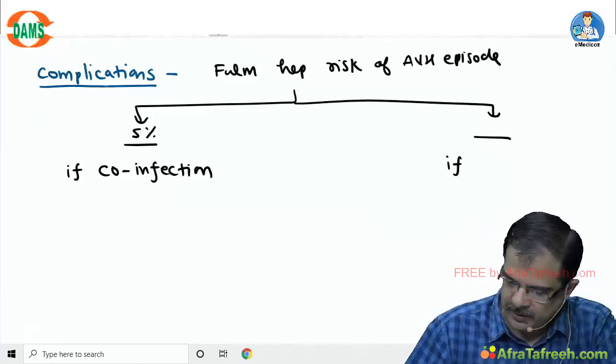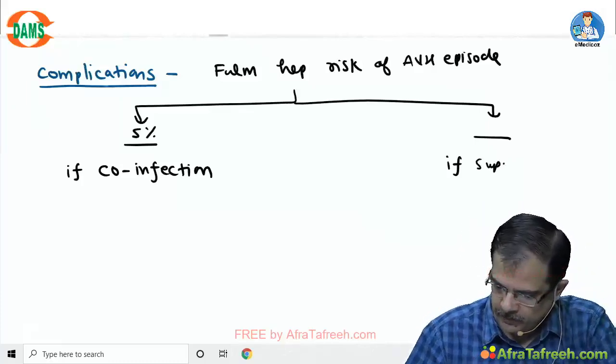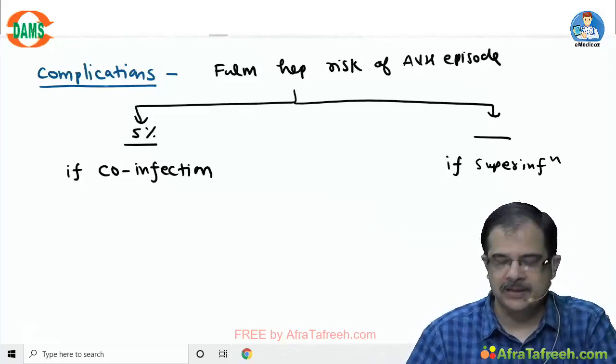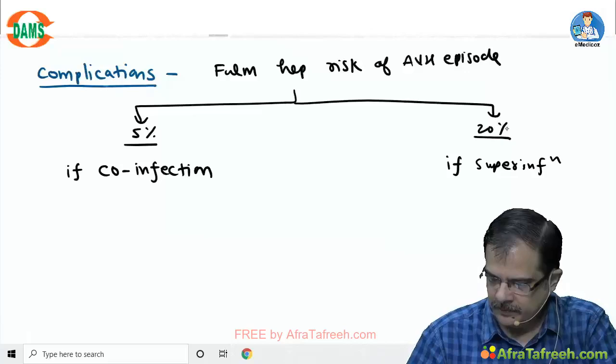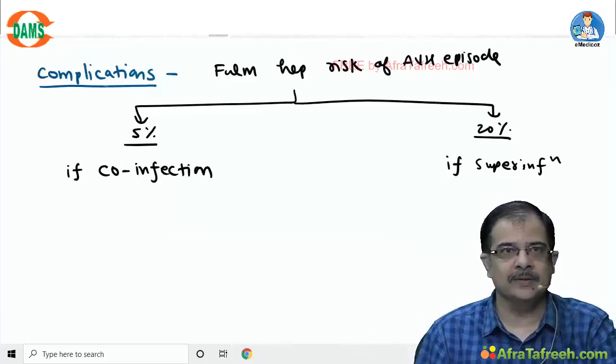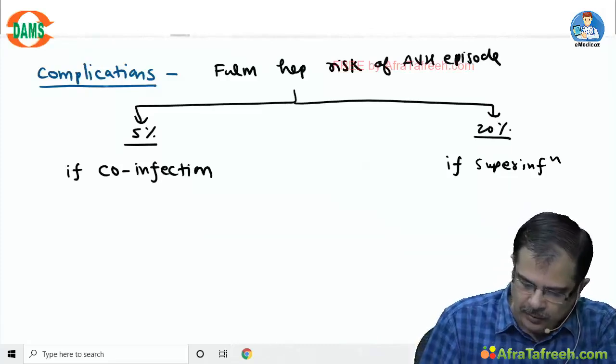If super infection, the risk is 20%. Very high risk.